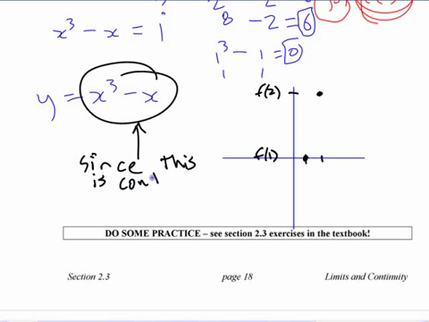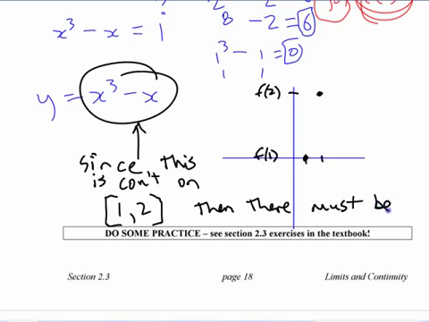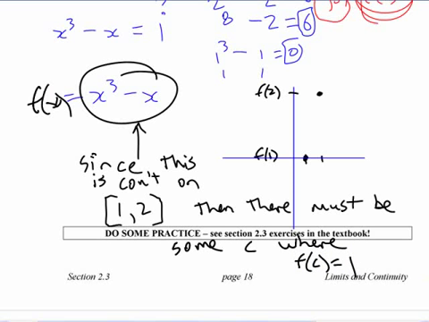Since this is continuous on the closed interval [1, 2], remember the interval notation here, then there must be, like they said, some c value where, we're calling this f of x, where f of c equals 1.